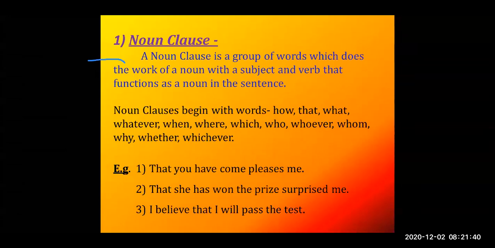What definition have we seen? That a noun clause is a group of words which does the work of a noun with a subject and verb and functions as a noun in the sentence.